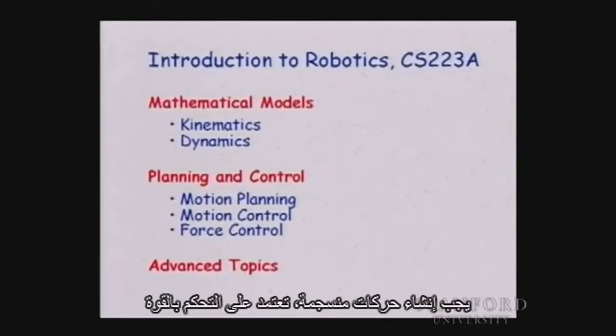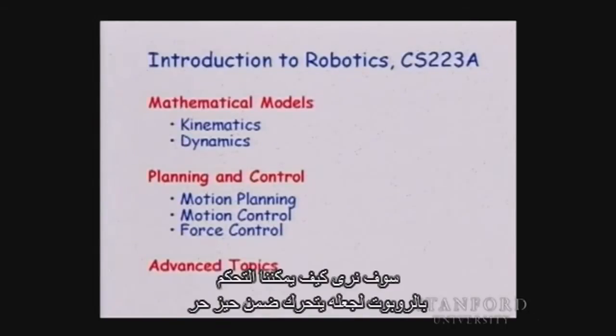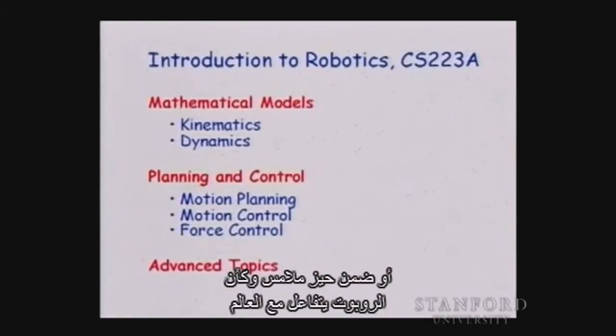So we need to create compliant motions which rely on force control. Force control is critical in creating those interactions, and we will see how we can control the robot to move in free space or in contact space as the robot is interacting with the world.